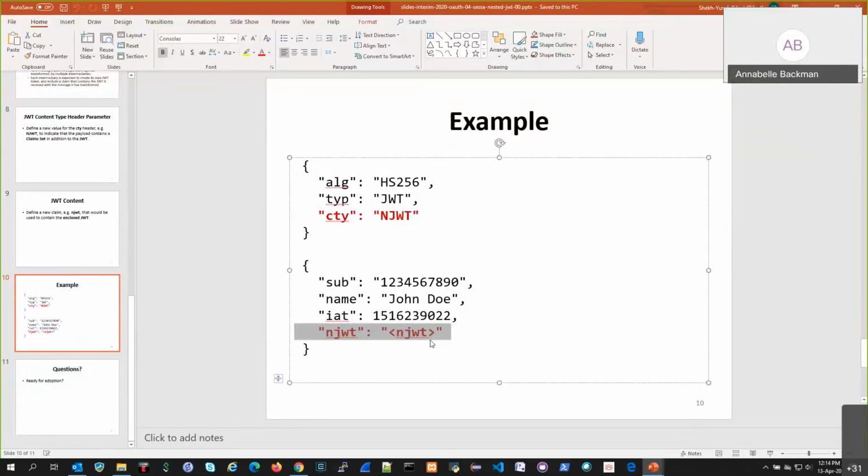But I don't see the value of just a stock njot nested JOT claim itself. So your objection is to this claim here, right? My objection is to the idea of a general purpose claim for representing a nested JOT, absent any kind of semantics or meaning attached to that.